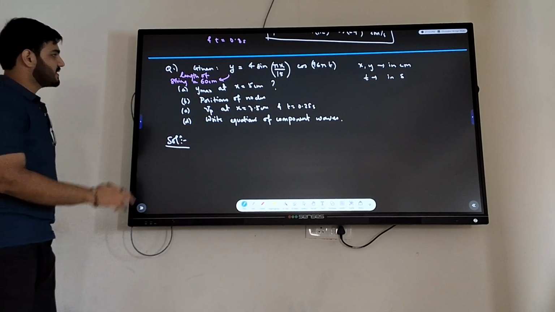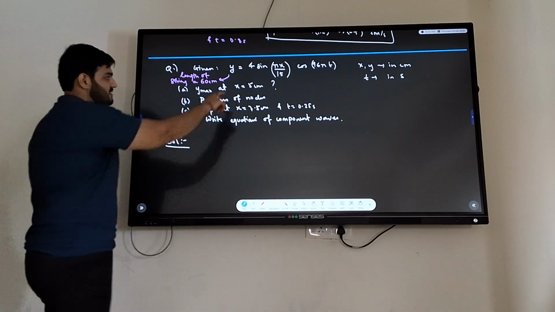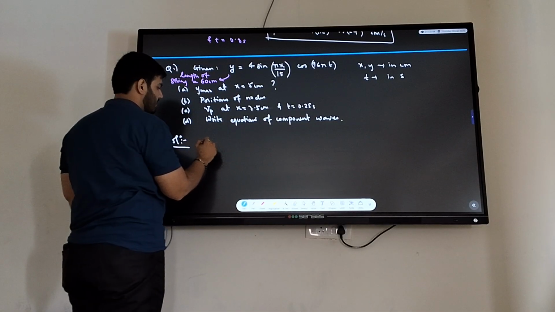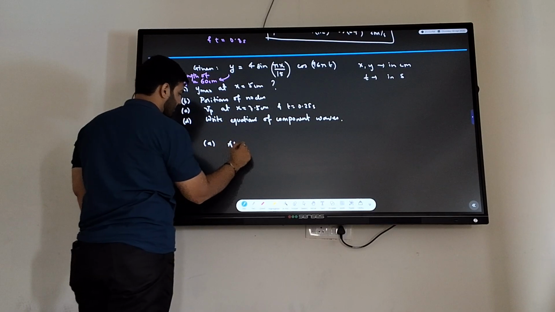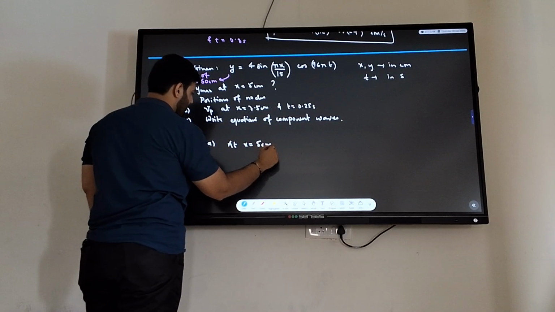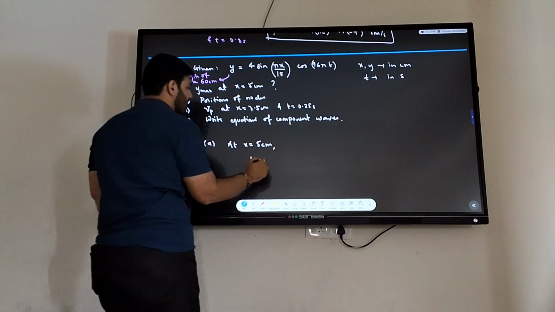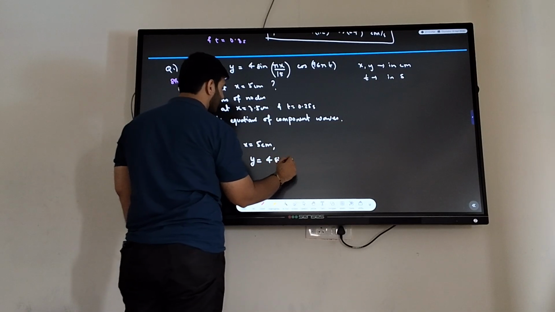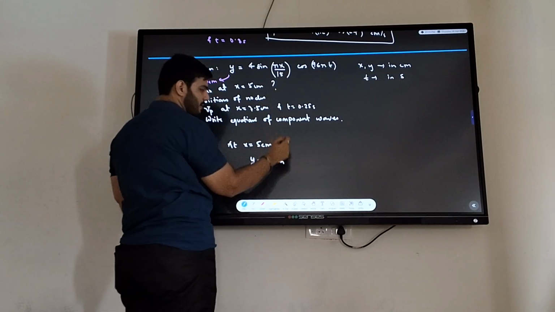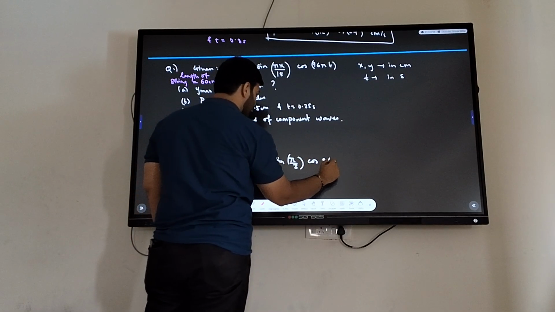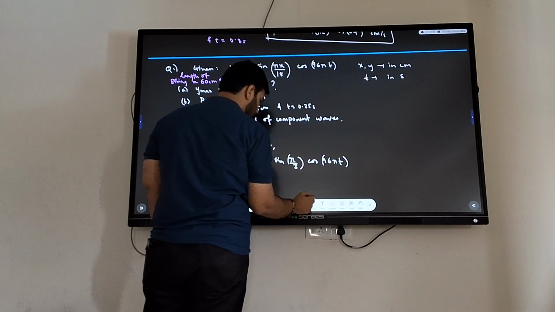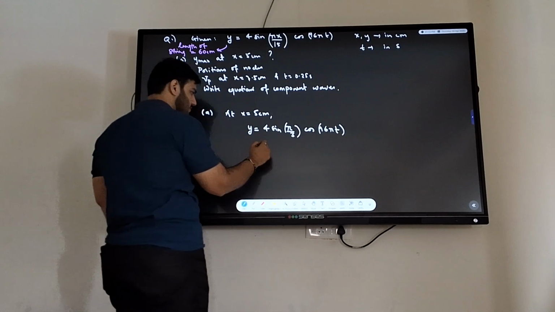So y is given this, then y max. So let's talk about a part, at x equal to 5. What is y? 4 sin 5 pi by 3 हो जाएगा ना, और cos 96 pi t. Yes, what is sin pi by 3 equal to?